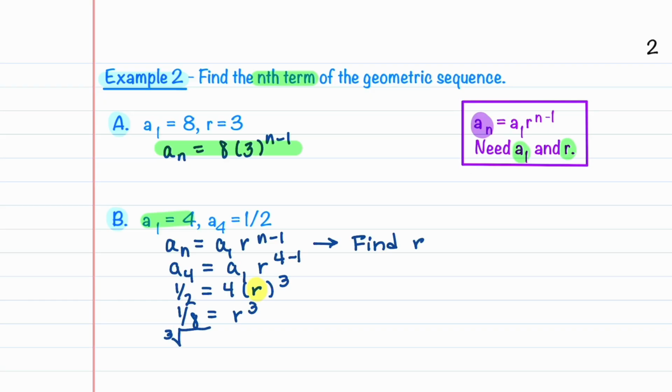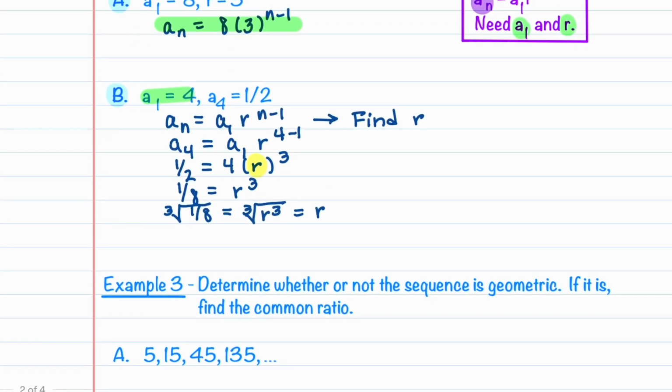So we have on the left the cube root of 1/8, and on the right we have the cube root of R cubed, which is just R. The cube root of 1/8 is whatever number we can multiply by itself 3 times to get 1/8.